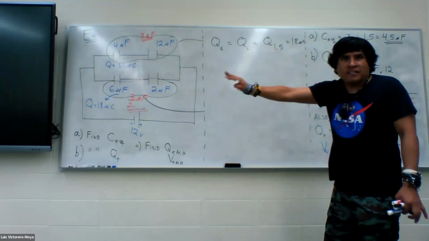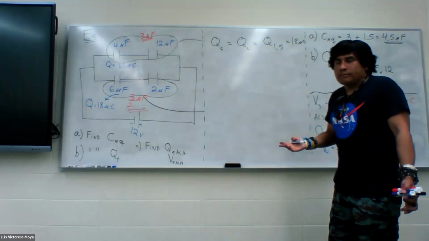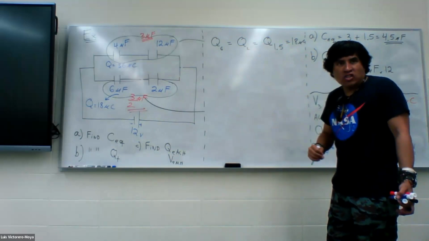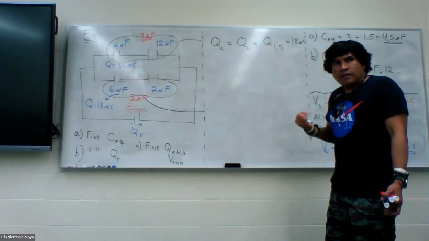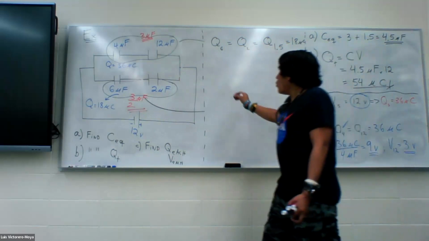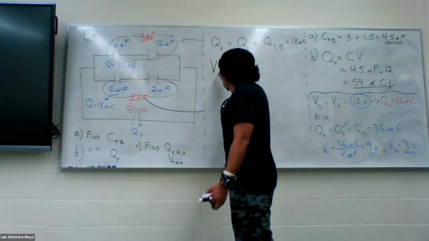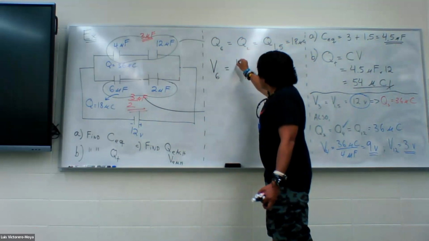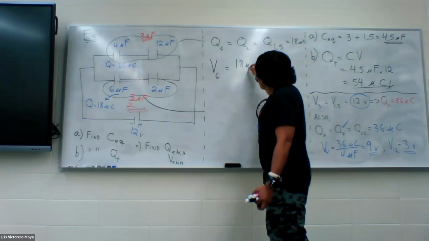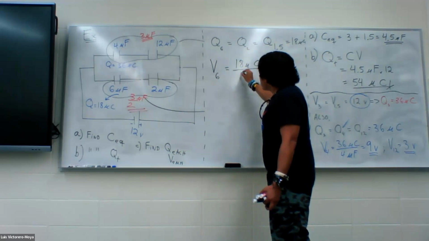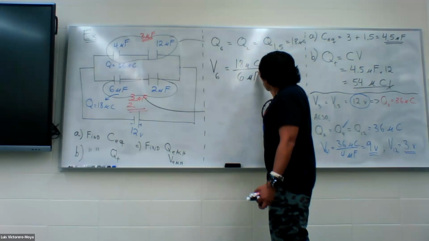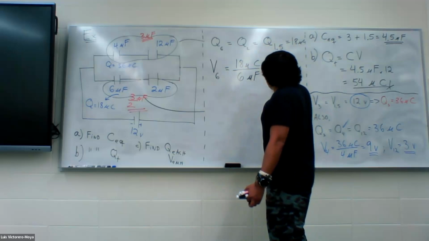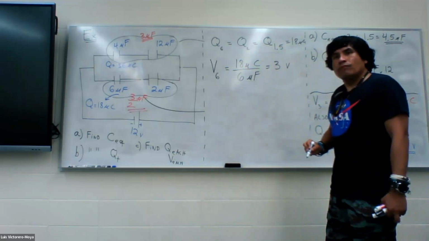So you basically split the charge already, if you think about it. You already found the Q on each. What about the voltage on 6? Well, the voltage on 6 will be the charge on 6, which is 18, divided by the capacitance. And what's that? 3 volts.